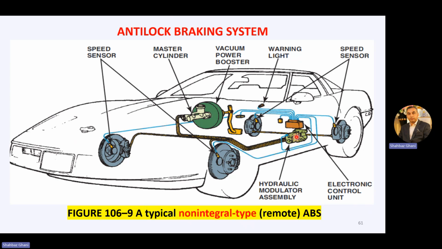And we have the hydraulic modulator assembly here. The signal is coming from the speed sensor to the electronic unit, and from the electronic unit, the signal is going to the hydraulic modulator assembly. That hydraulic modulator assembly is giving the pulsation effect at the brakes.